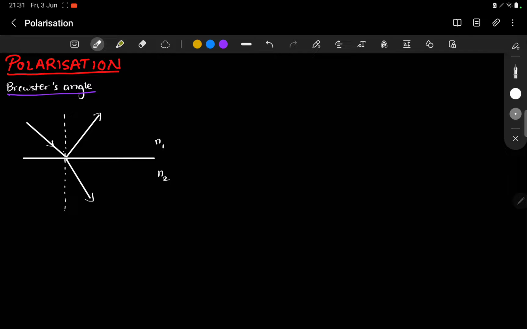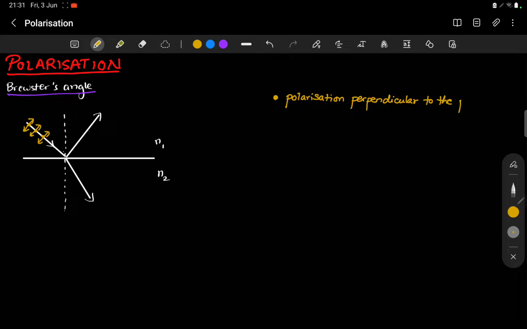Now, if we look at the polarization, let us say our input ray is completely unpolarized. So we have unpolarized light as the input. Just for clarification, a dot means polarization perpendicular to the plane, perpendicular to the plane of incidence.